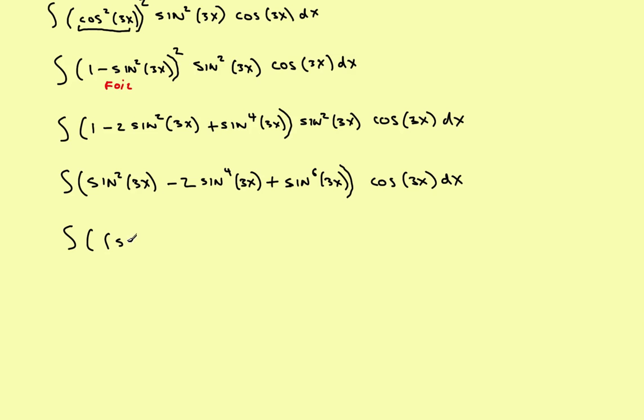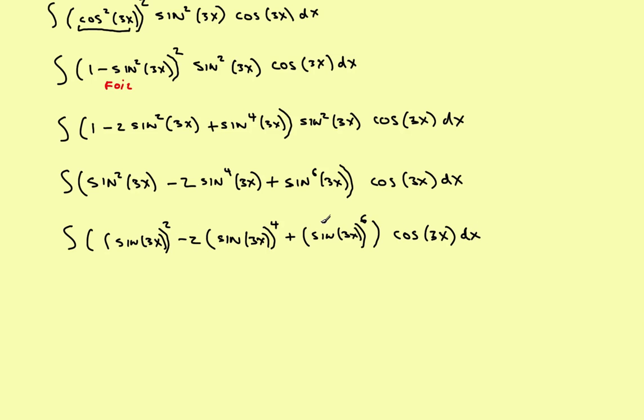So this first one would be the sine of 3x, squared, minus 2 times the sine of 3x to the 4th power, plus the sine of 3x, the whole thing to the 6th power. Then again, here's the cosine of 3x out here.